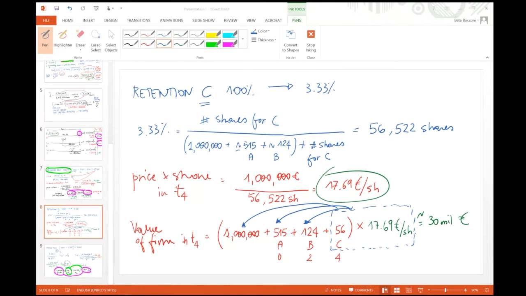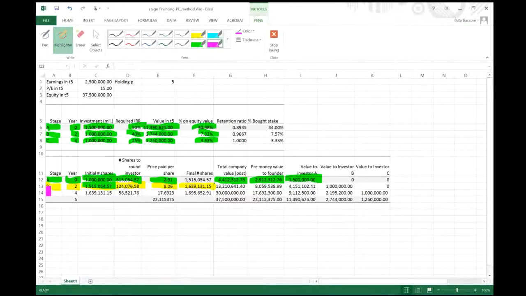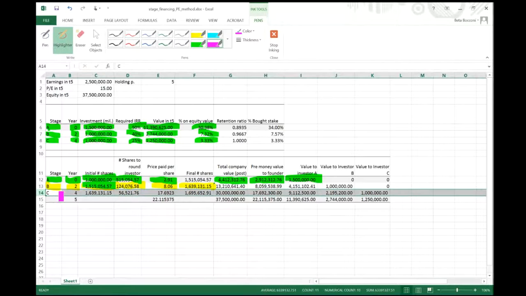And as you can appreciate, this is the closing loop of our Excel file, because the Excel file will tell you exactly what is going to happen. In year number 4, we know that investor C gets in. He enters in year number 4.